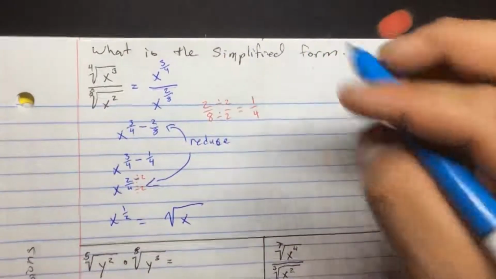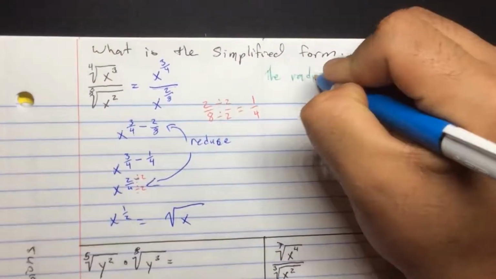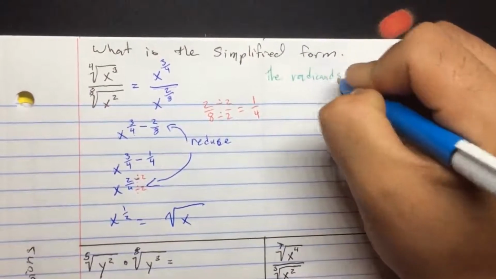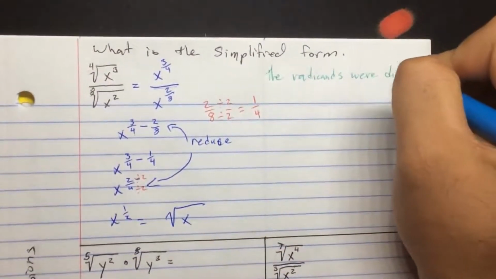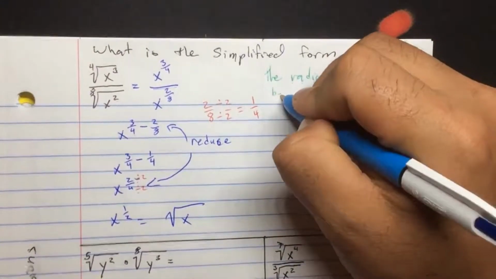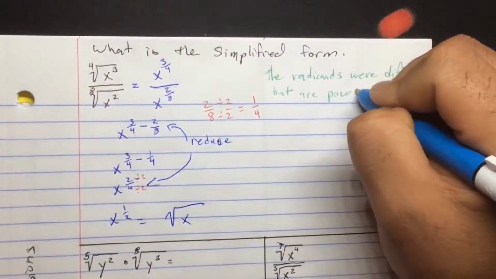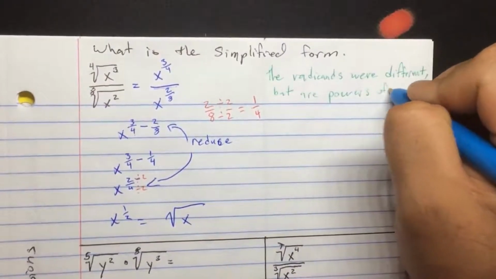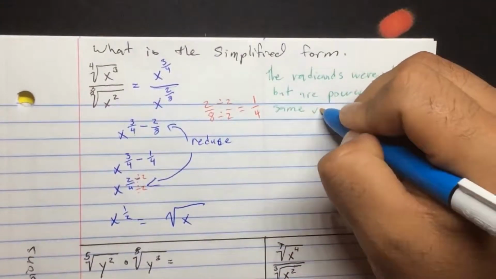So once again, I know the radicands were different here, so I'm just going to write it out. The radicands were different, but are powers of the same variable.